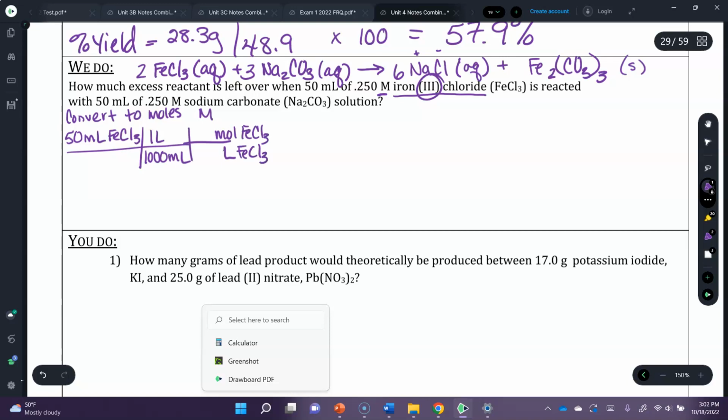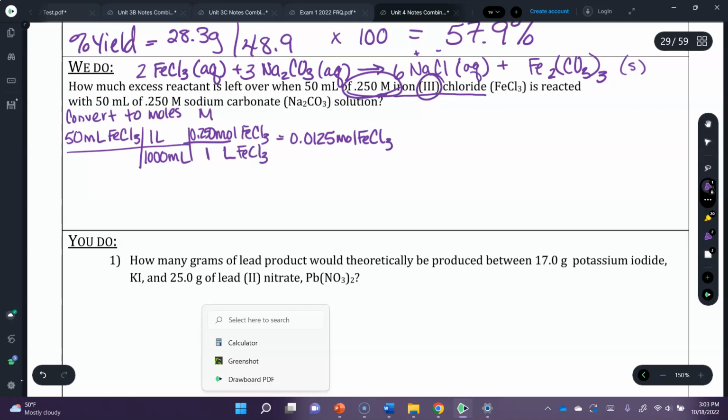Okay, and from my molarity, I see that every 1 liter has a molarity of 0.250 moles. And that's what molarity means, is that many moles will be present in 1 liter. And so we run that math, and we should get a value of 0.0125 moles of iron 3 chloride.